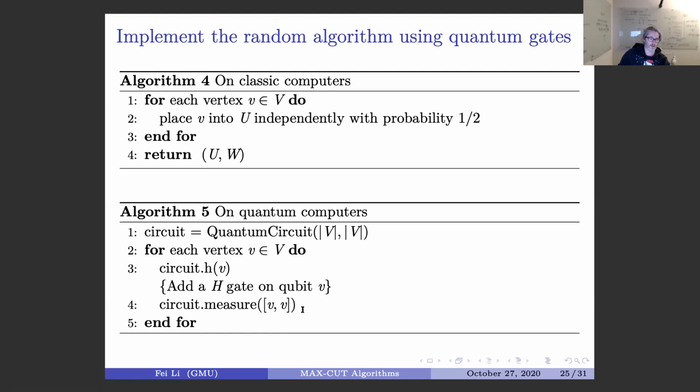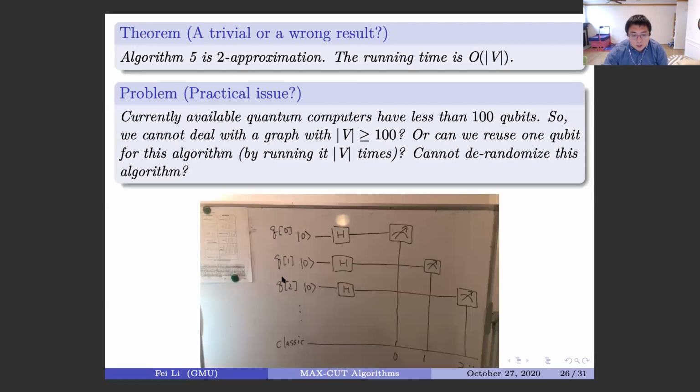Oh, I see. So this is just a matter of there being actual equal probability, and it's not like you're specifically placing half of your vertices in one and half in the other. No. Actually, the implementation is more like that. You have the qubits, and then you measure it, you measure it, you measure it. There's no entanglement of all these qubits.